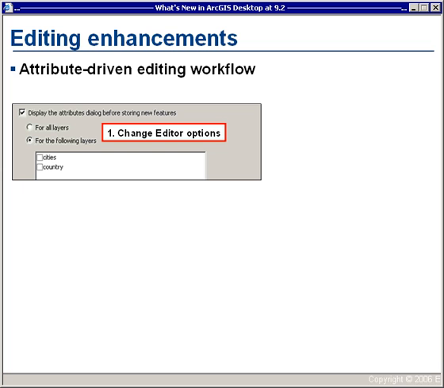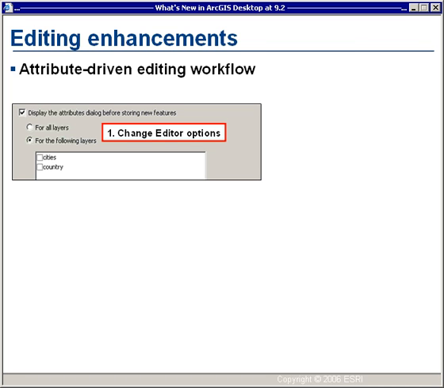are attribute-driven. For example, creating a feature to represent an 18-inch ductile iron water main, you will now be able to create the feature and enter these attributes in one step by changing the setting on the editor options. You can see it here, display the attributes dialog before storing the features.